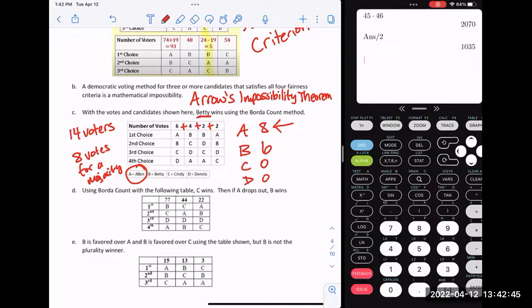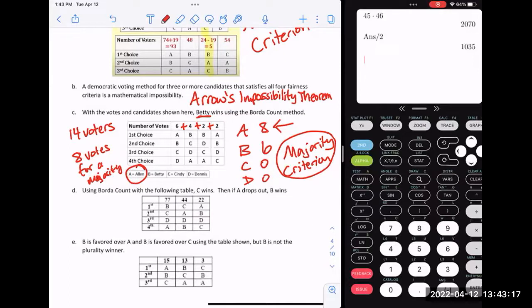So the fact that Alan has a majority and didn't win this election, that's a violation of the majority criterion. Any questions there? Sometimes with these, it's good to do a process of elimination. Especially if you know that there's one of each, then you can rule them out. Let's look at the next one.